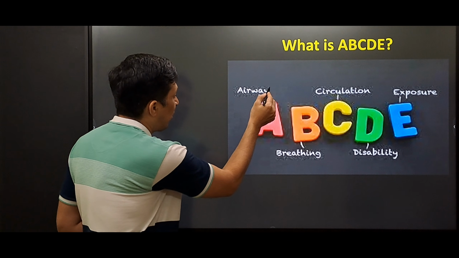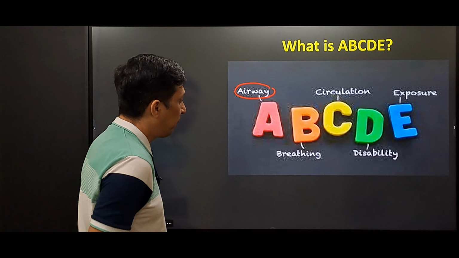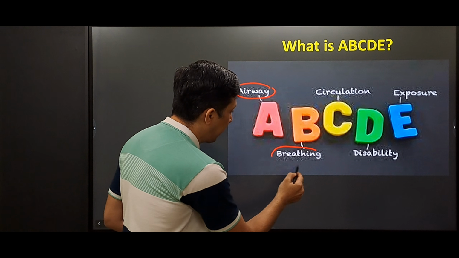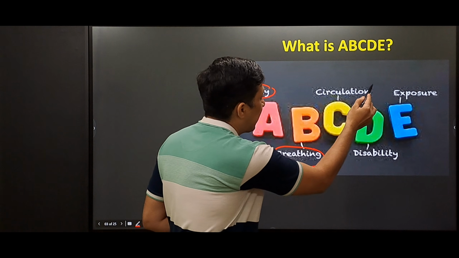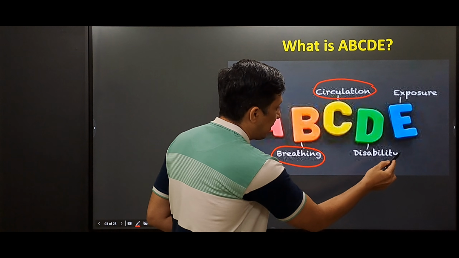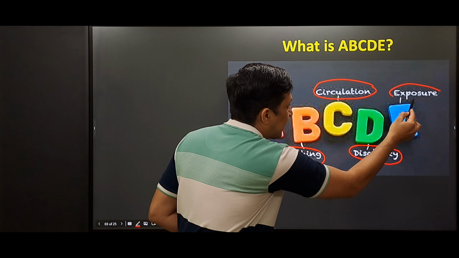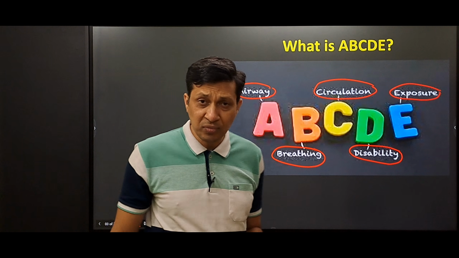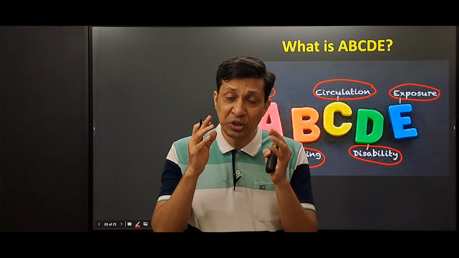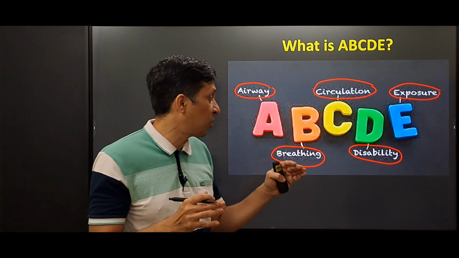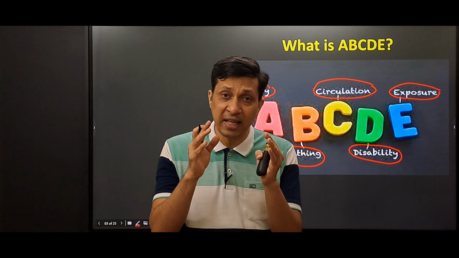A stands for airway, B stands for breathing, C stands for circulation, D stands for disability, and E stands for exposure.